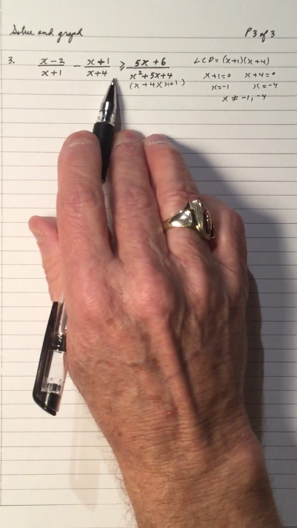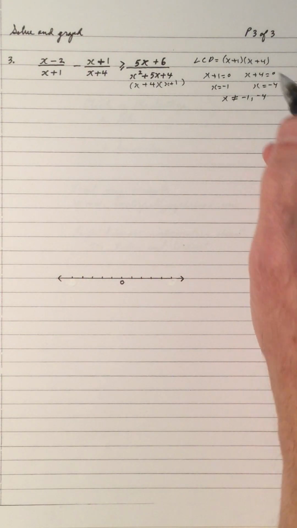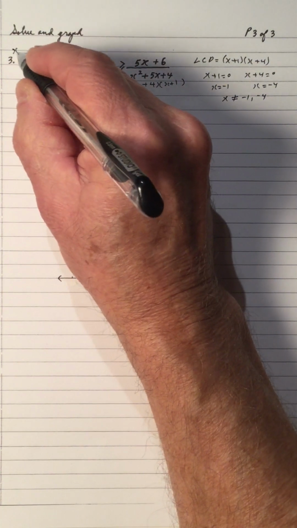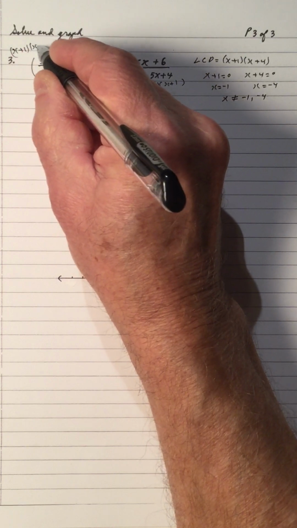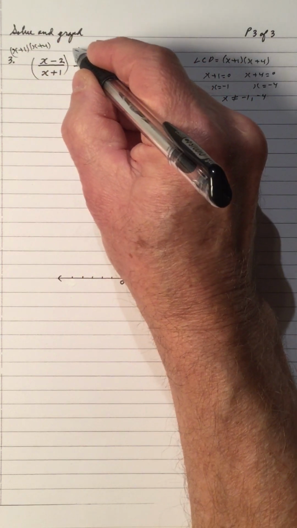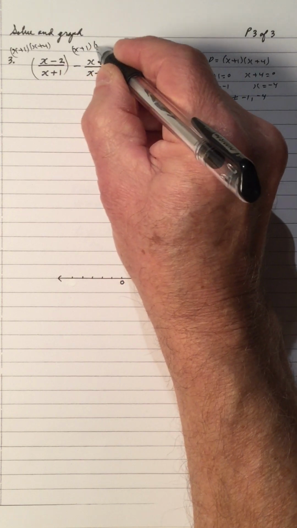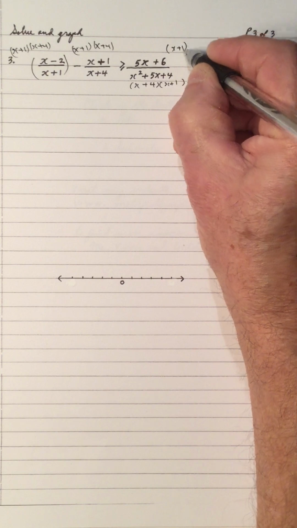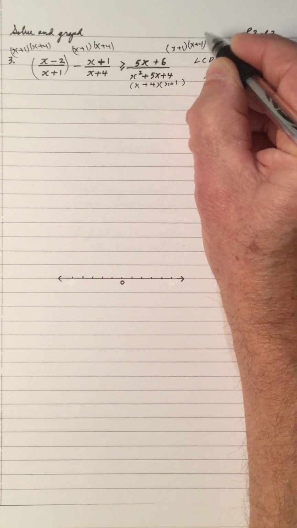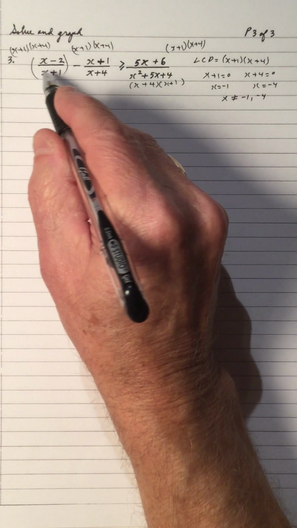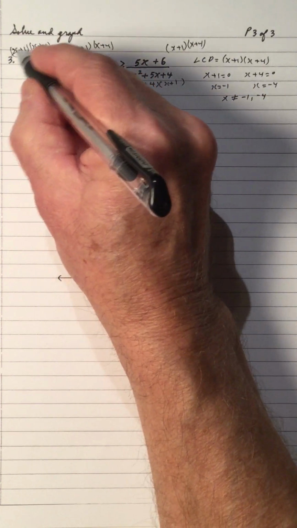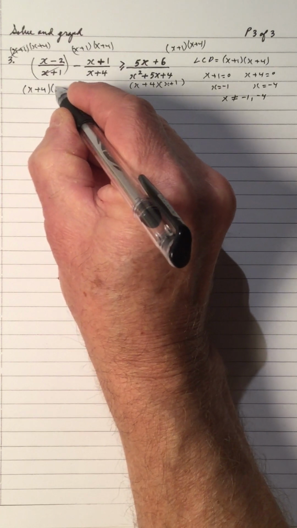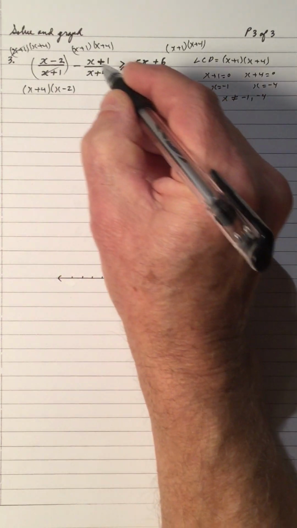Keep track of that. Now, the LCD is x plus 1 times x plus 4, so I multiply each fraction by the LCD, x plus 1, x plus 4, and I write it down so I won't make an error. And because I have fractions, I'm multiplying, the x plus 1's cancel, so I get an x plus 4 times x minus 2.